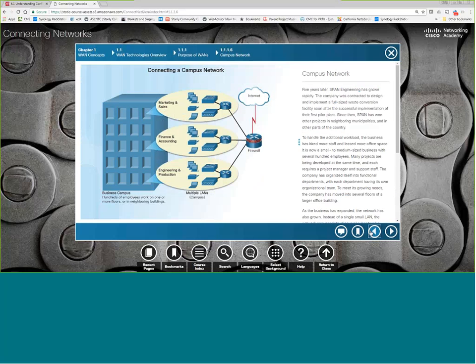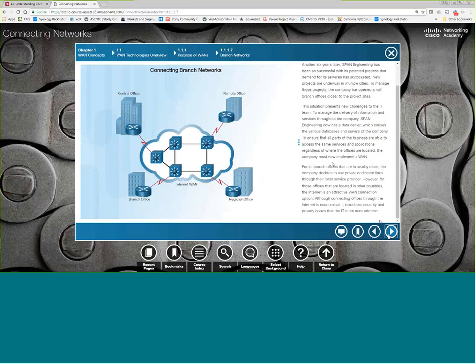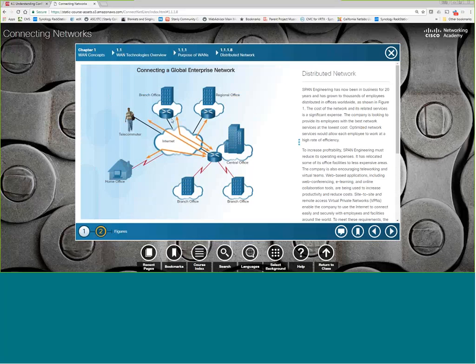It went from a small office/home office, expanded to a campus network, and eventually started having branch offices throughout multiple cities, and then throughout the world. So now you've got a global network with central offices connecting branch offices in multiple cities, a telecommuter or salesperson going around who's using a VPN to get back into the central office, and also workers working from home.